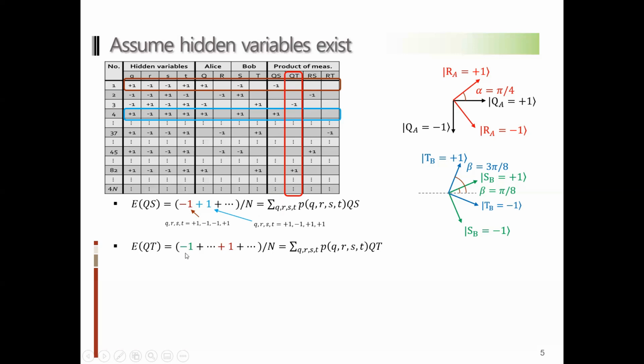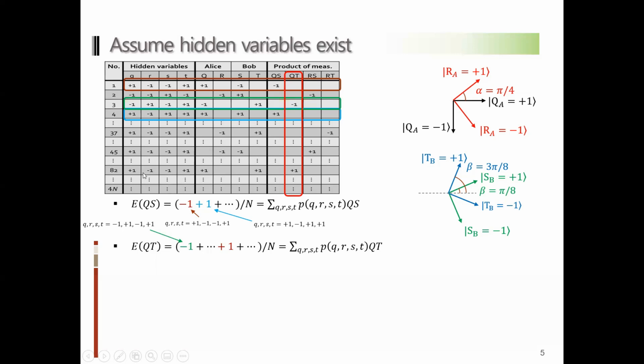If I investigate how this value was obtained, I can go back to the combination, and say that this value came from the QRST combination like this one.